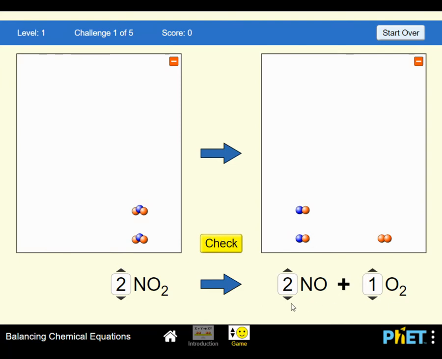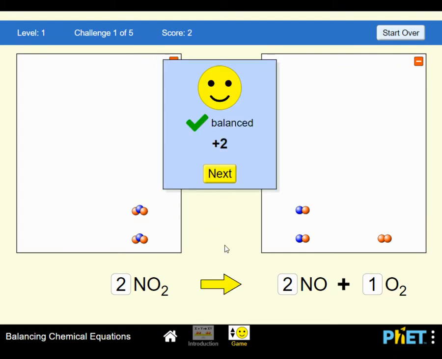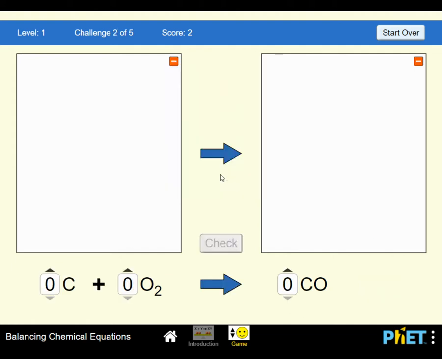And I can count that using math because my coefficient on nitric oxide is 2 times 1. That gives me 2 oxygen atoms plus 1 times 2. That gives me the other 2. So now I have 4 oxygen atoms. And I check it, and I'm happy chappy. Okay. So I'll do one more example, and then you can work on your own on those.